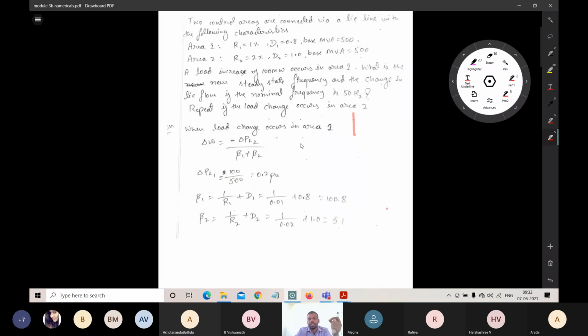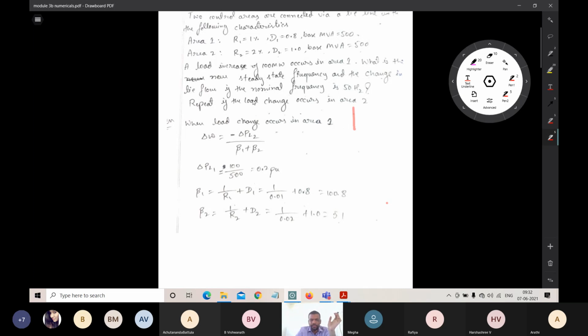Change in the power is nothing but the change in the tie line. Delta omega is the steady state frequency, and delta P12 is called the tie line flow. Tie line flow is nothing but the power flow from area 1 to area 2.